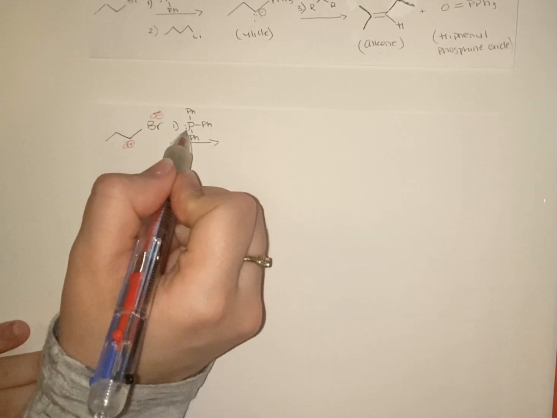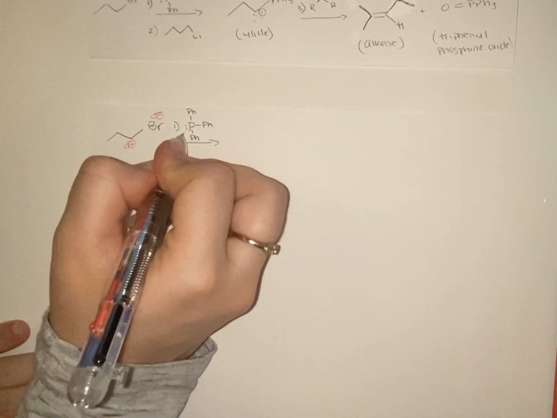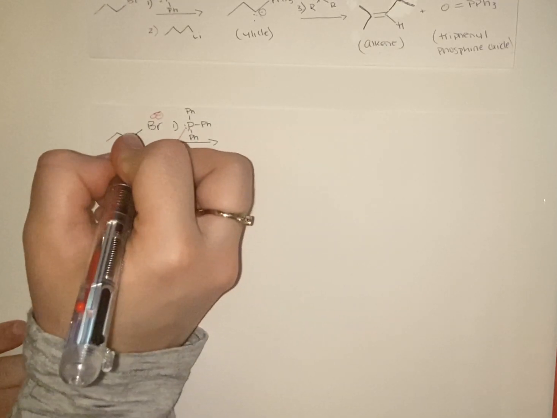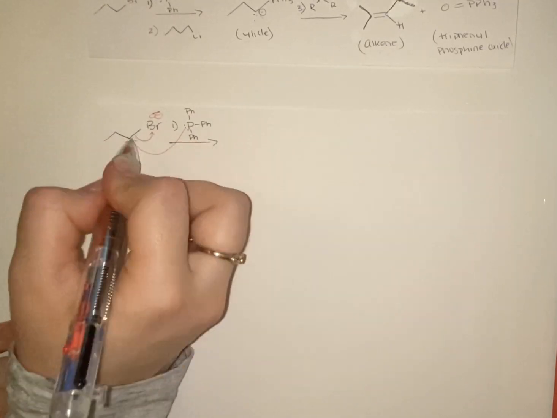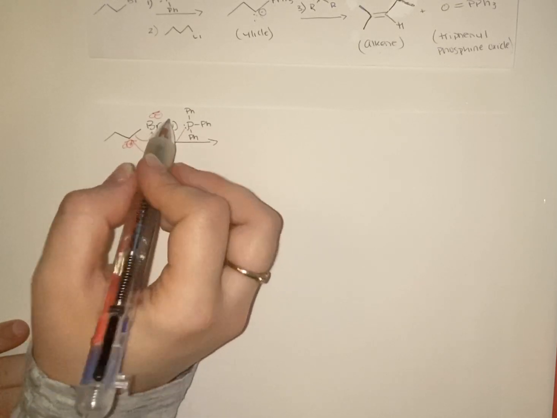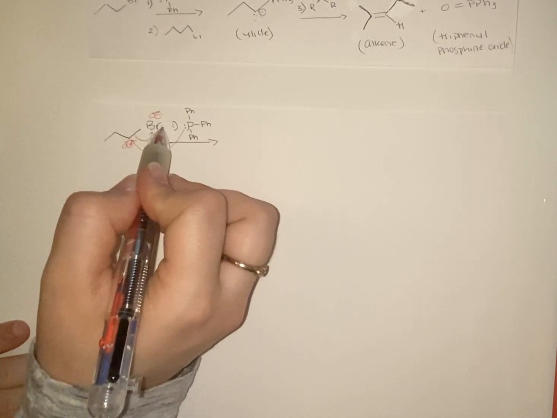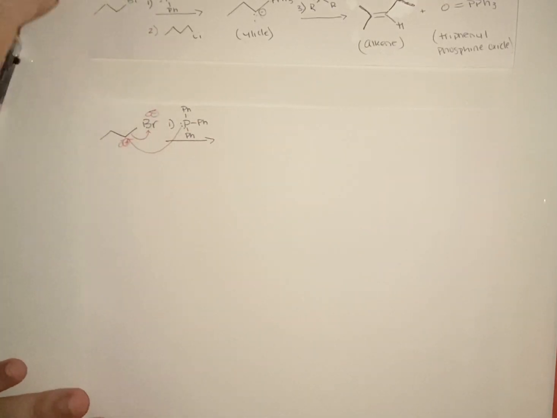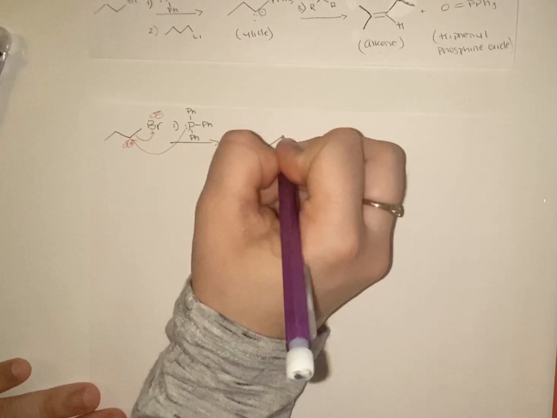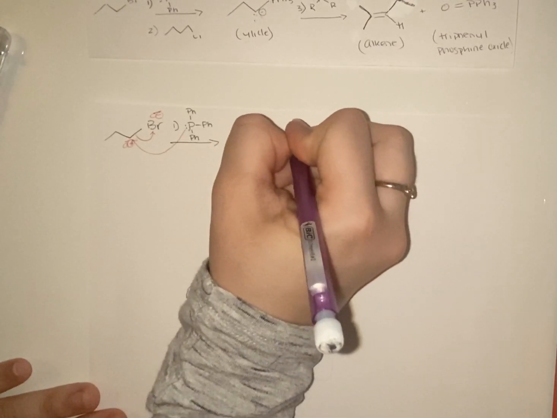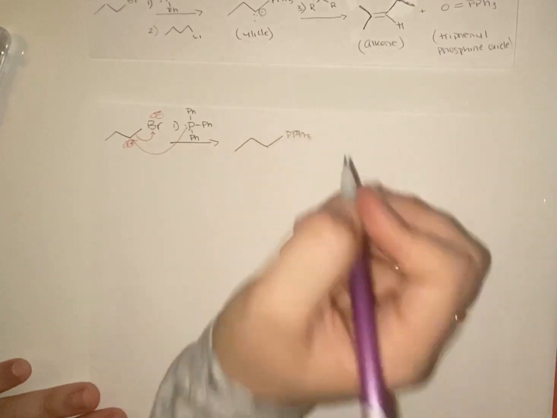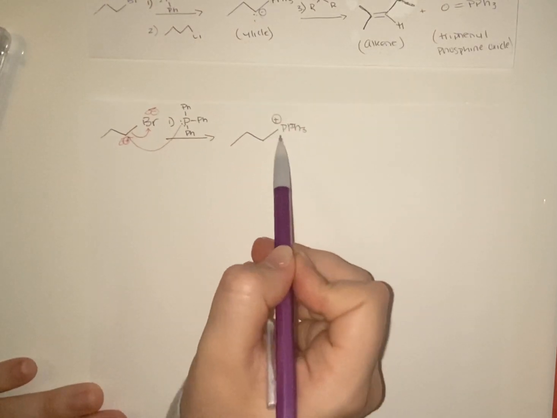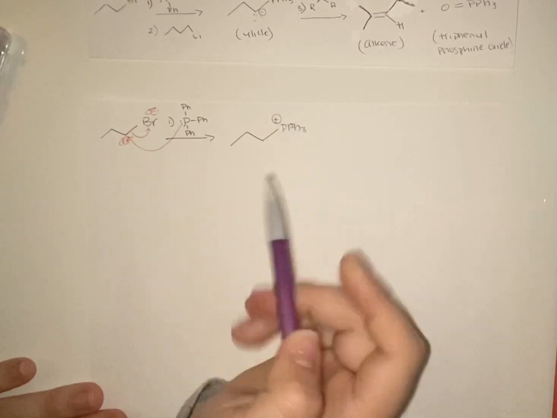So from there, the lone pair on the phosphorus will attack the carbon, and this will cause the bromine to be thrown off along with the electrons coming onto the bromine, so you will get a negative charge on the bromine. From there, you will then receive this phosphorus with the 3 phenyls, and that will be positively charged because the phosphorus will have 4 bonds.